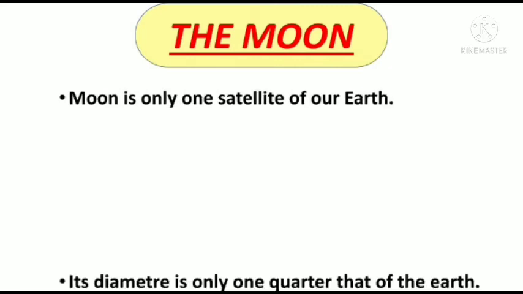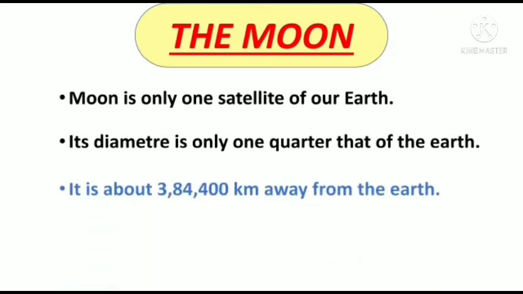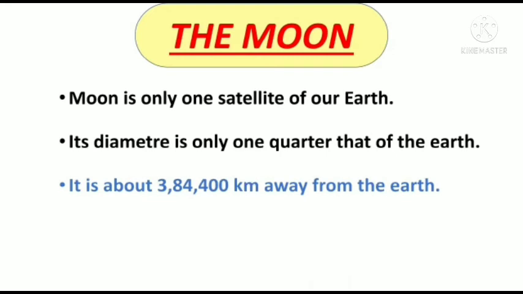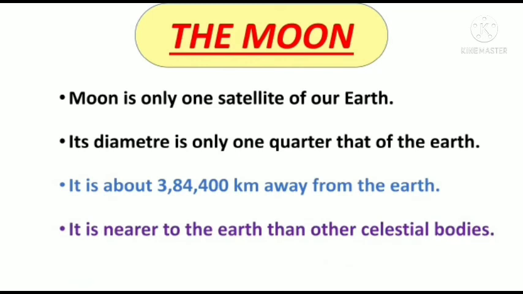Its diameter is only one-fourth that of the Earth. अगर हम distance की बात करें, it is about 3,84,400 किलोमीटर away from the Earth. तो ये distance भी आप याद कर सकते हैं कि Earth और Moon का distance कितना है. This is for your basic questions, and this type of one-word questions will be asked in vivas. It is nearer to the Earth than other celestial bodies.